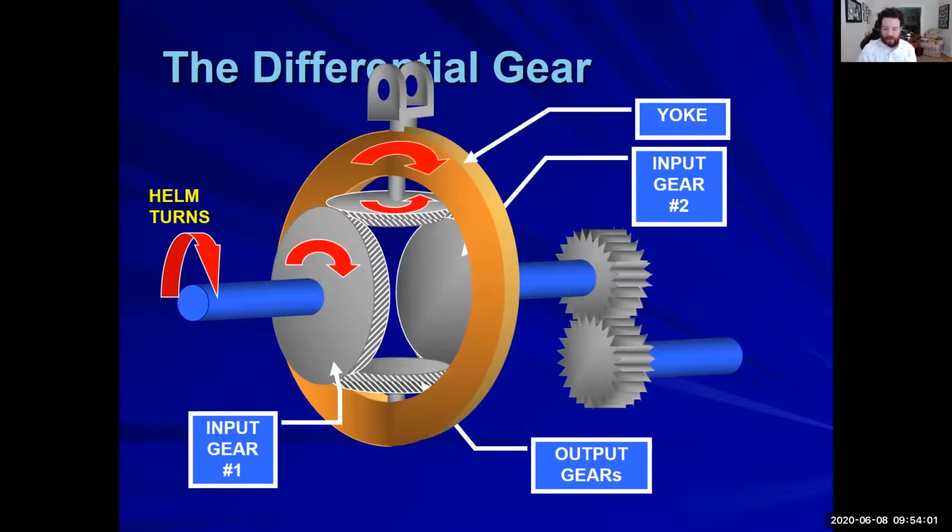This movement is going to be the same thing as our negative feedback command. Input gear number 1 is going to be our helm input. Input gear number 2 is coming from our rudder.